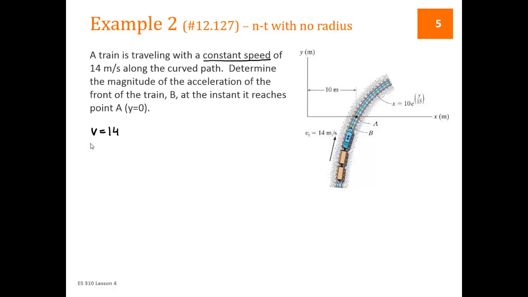Constant speed means that v dot is equal to 0, or the tangential part of the acceleration is equal to 0. The normal part is v squared over rho, so it's 14 squared over rho.